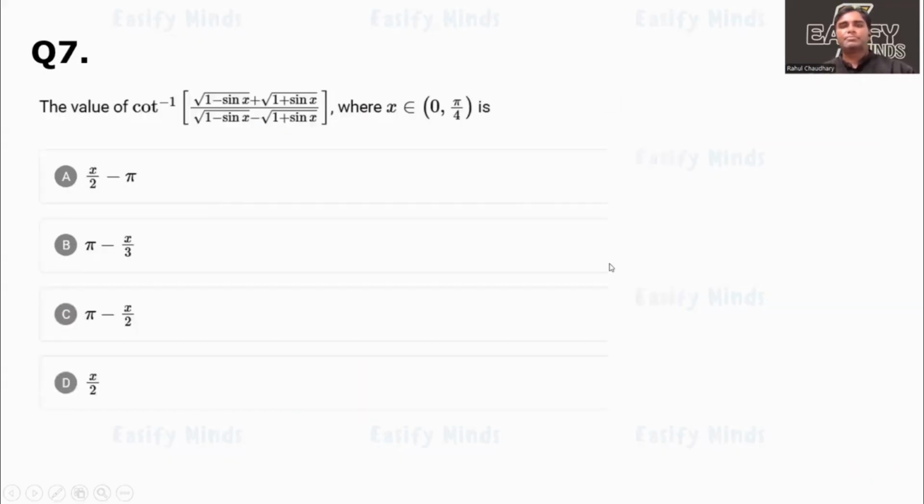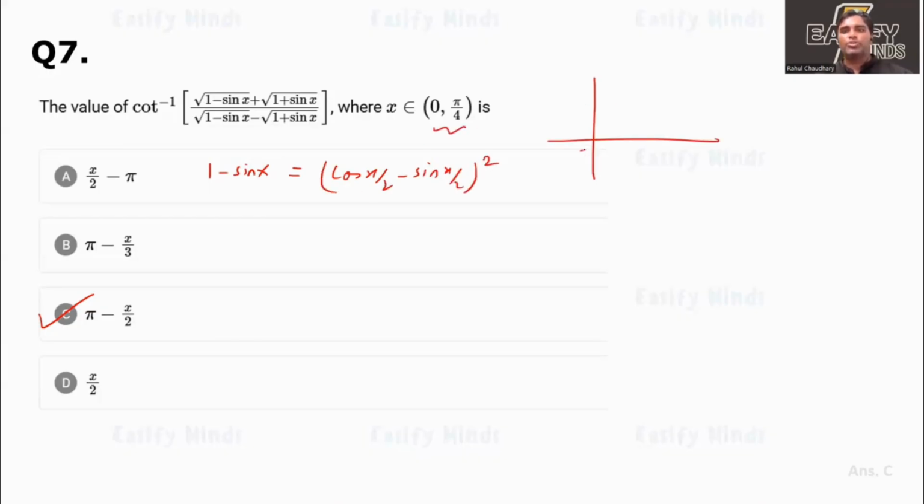Clear? Let's come to seventh. Very good question it is. High chances that it can come in exam. 1 minus sin x is the formula of cos x by 2 minus sin x by 2 whole square. Here simply remember 0 to pi by 4, 0 to 45 degree.